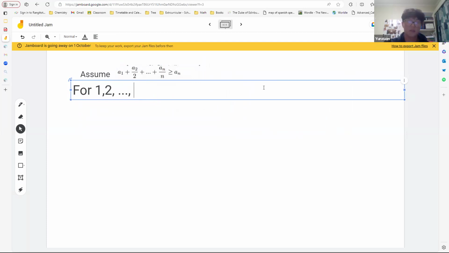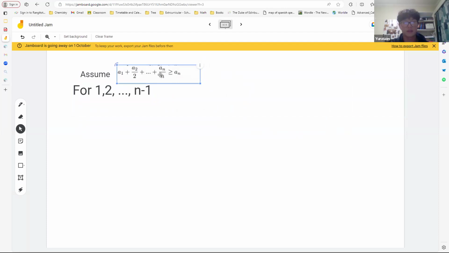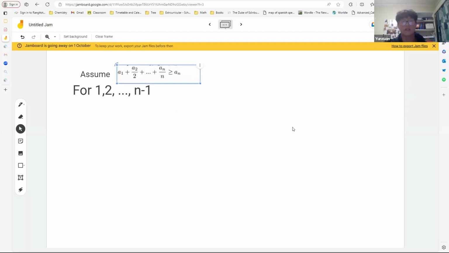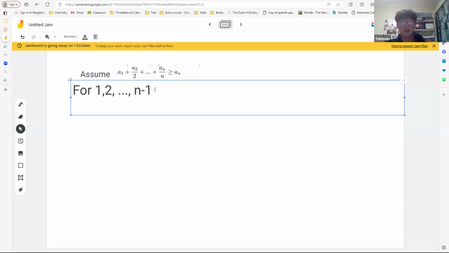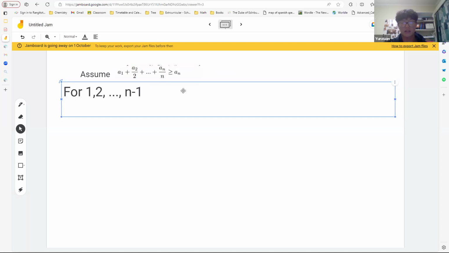Oh no, m minus 1. But if this is true for m minus 1, why would we use strong induction on it? We would do it because it's sum of b something larger than a.